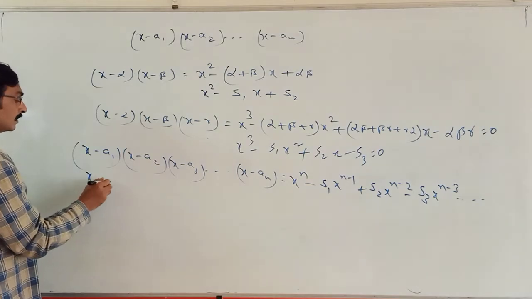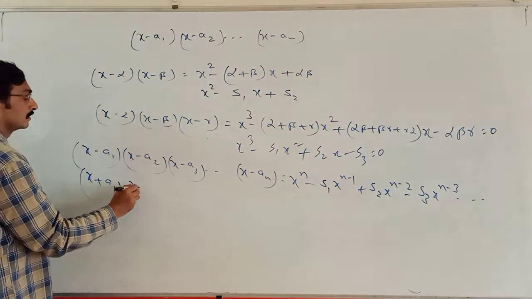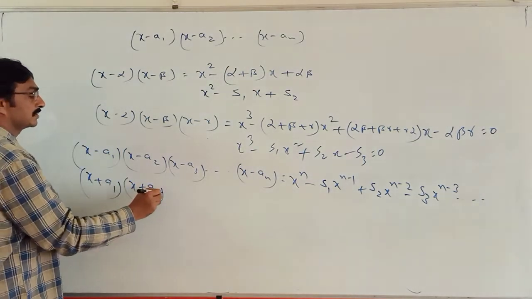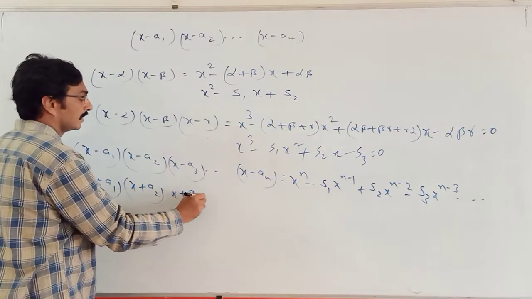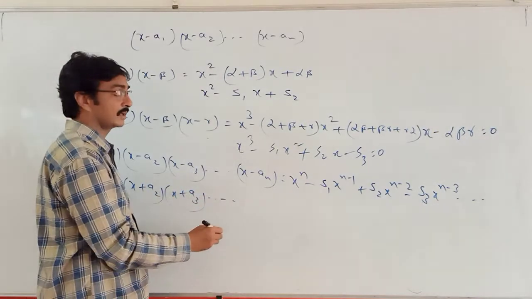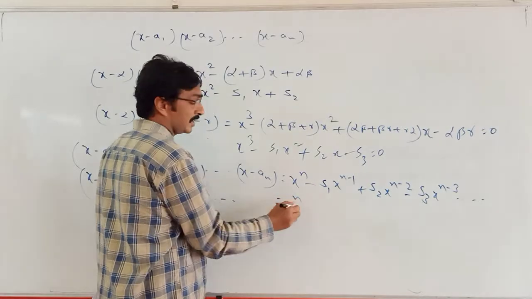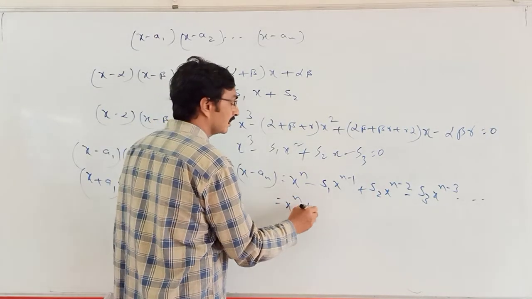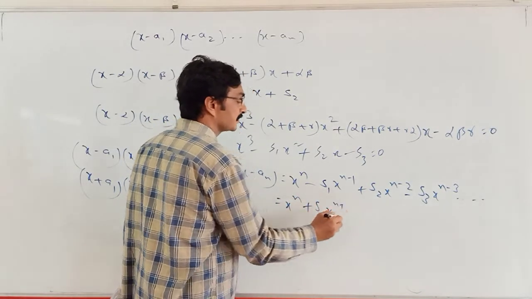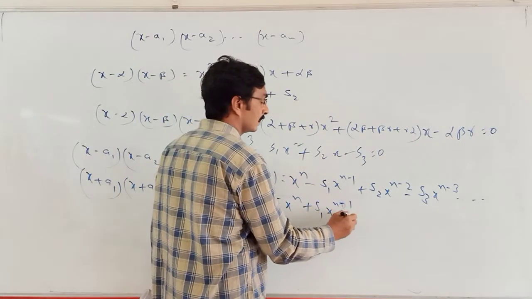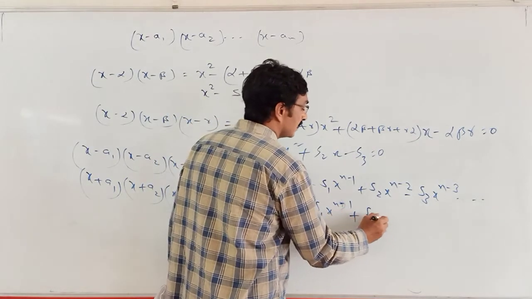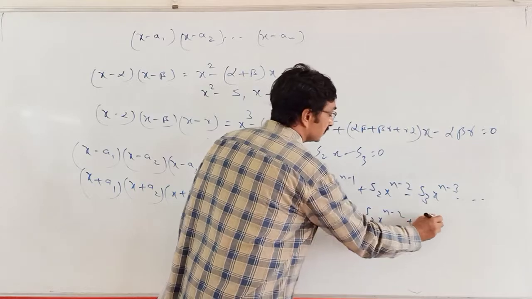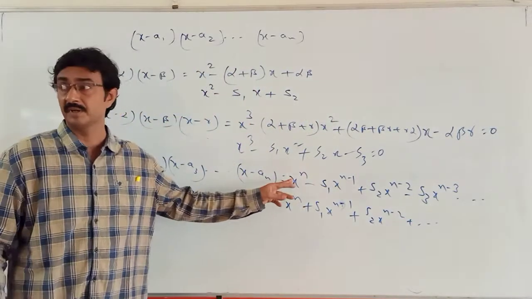Similarly, (x plus a1) into (x plus a2) into (x plus a3) and so on, with all positive terms, gives x power n plus s1 into x power n minus 1 plus s2 into x power n minus 2 plus and so on. See the difference between these two.